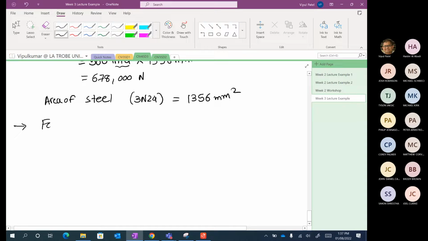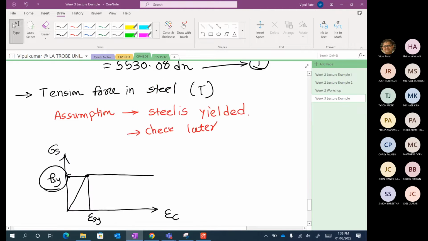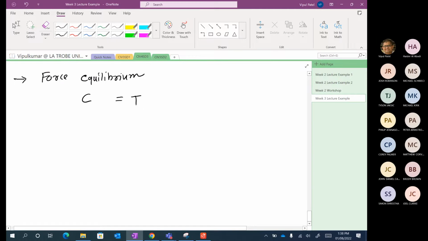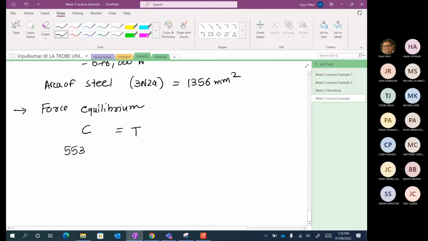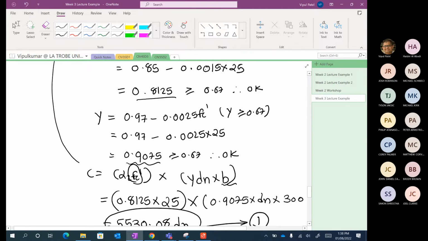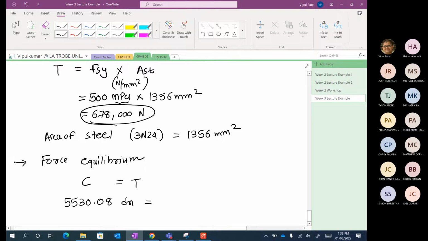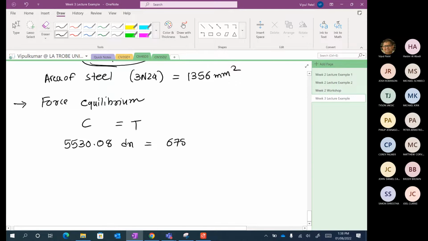Now here, force equilibrium, C equals T. Let's plug in the values. C is 530.08 Dn. And then you will have T. The tension force is 678,000 Newtons.